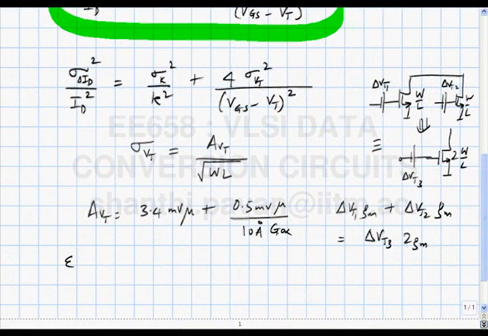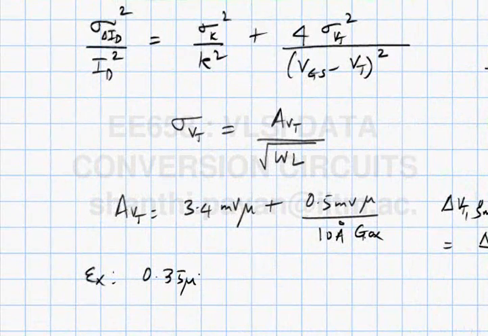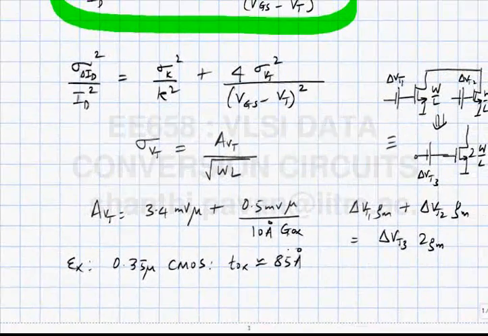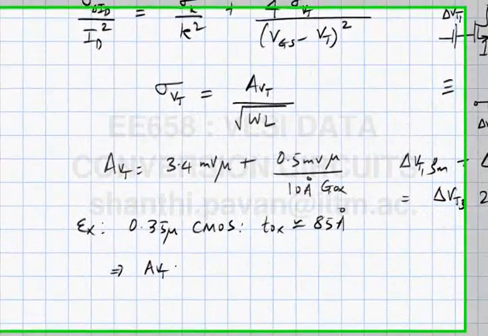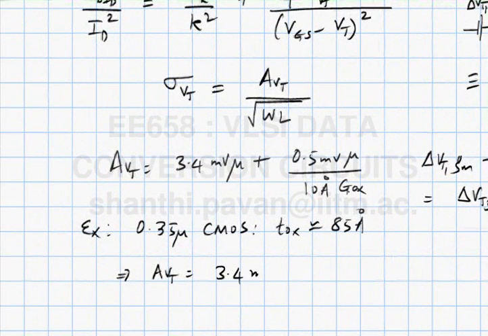So, for example, in a 0.35 micron CMOS process, Tox is about 85 angstroms or so, which means that AVT is 3.4 millivolt micron plus 4.25 millivolt micron, which is about 7.